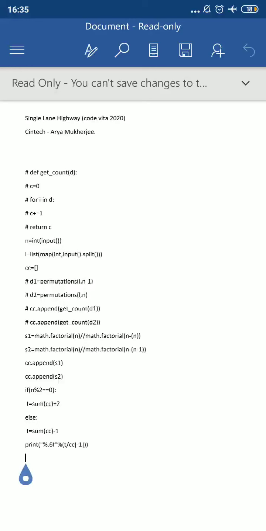Hopefully you can understand it if you know Python, whatever I have done here. I think this video is quite helpful for all of you to get an overview of how to solve this problem.